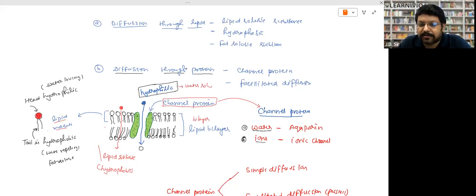In semi-permeability, a few substances are allowed to pass through, and a few substances are not allowed to pass through. Right. Then selective. In selective, only selected substances pass through. Other than that, no substance.